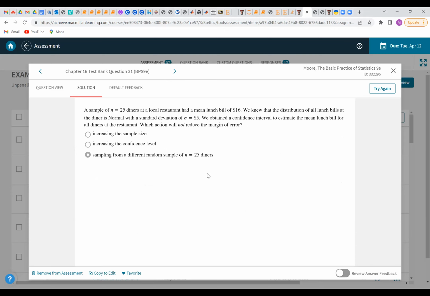Okay, the next problem: we have the sample size n equal to 25, the standard deviation is 5, and the mean X bar is 16. So we have X bar 16, sigma is 5, n is equal to 25.